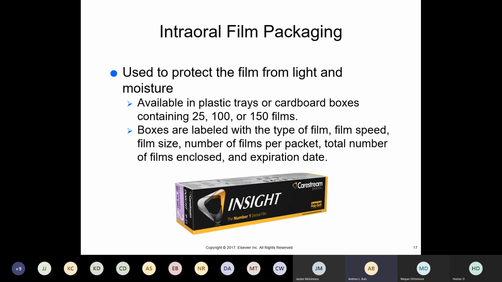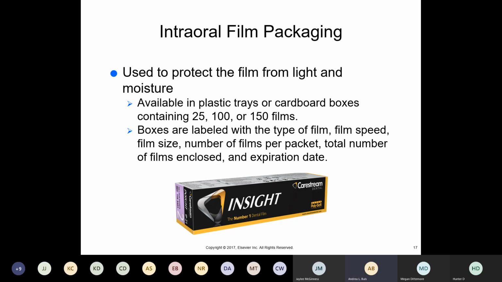They are labeled on the outside with the type of film they are, the film speed, the size of film, and the number of films per packet. Because in our clinic, before we switched from film, we bought double packets so that we didn't have to make duplicates on a duplicating machine. There were actually 2 packets in each little envelope of film.